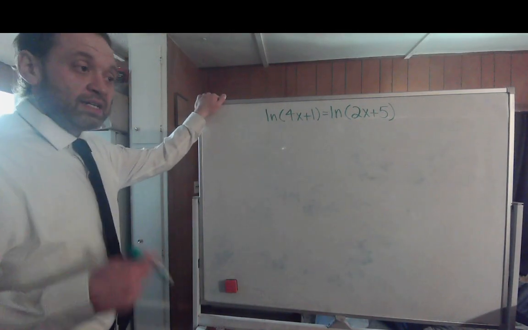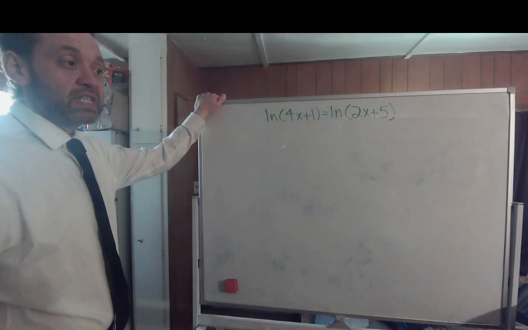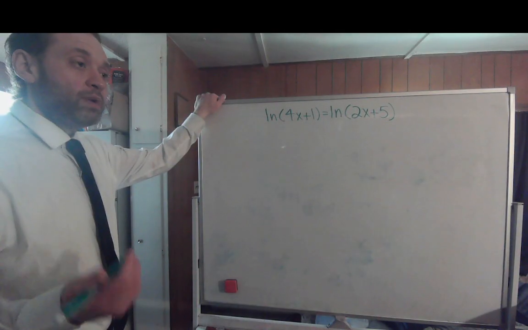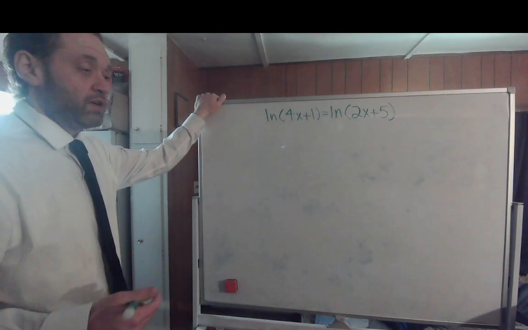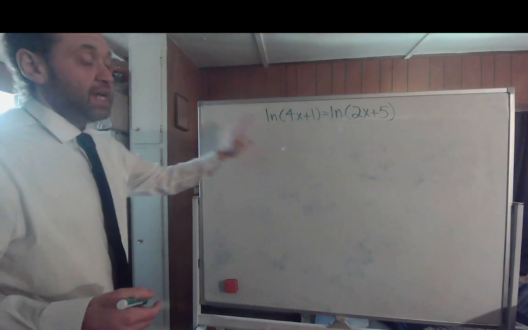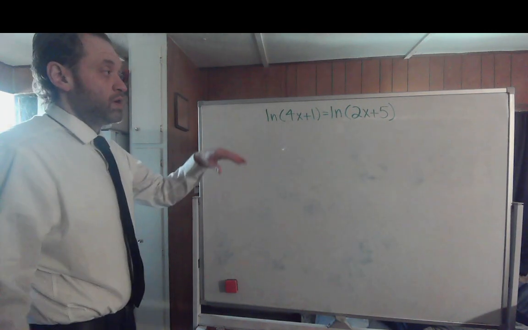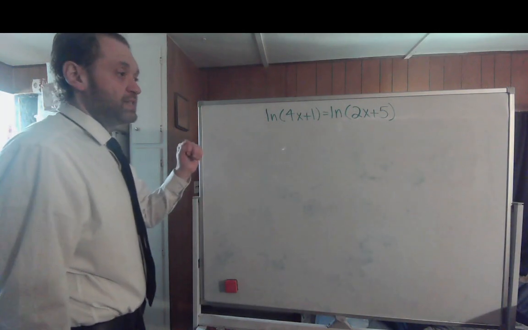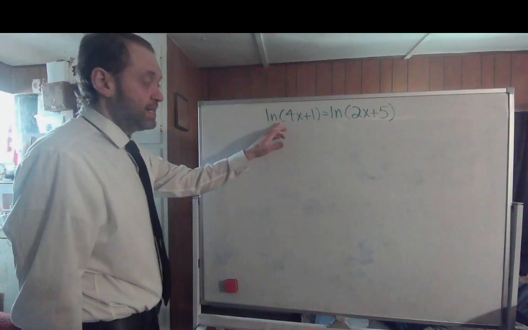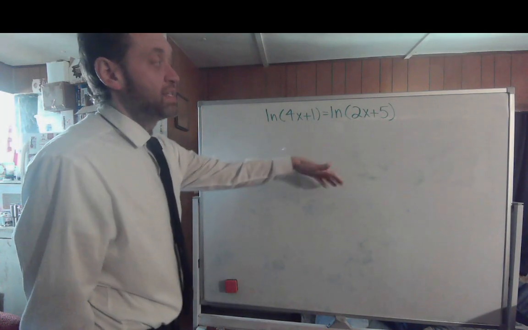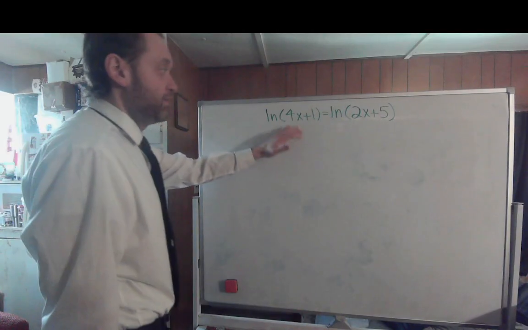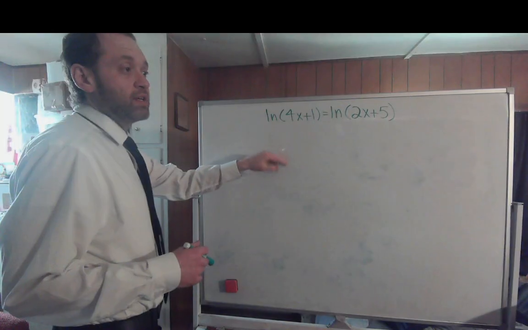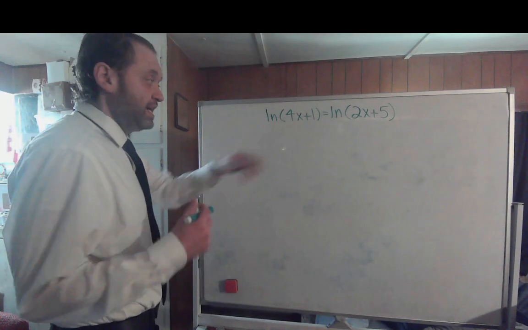So the idea is, of course, we've got to solve for x, but how are we going to do that? If we remember when we talked about logarithmic functions, to negate the logarithm, you have to take the base and raise both sides to the power of that logarithm. A natural log, remember, is a logarithm with base e.